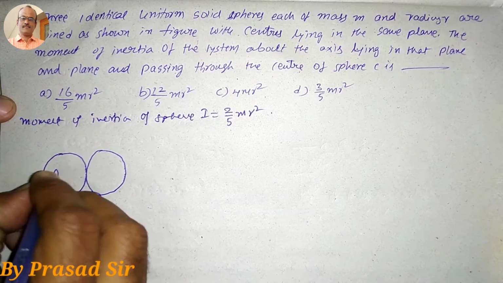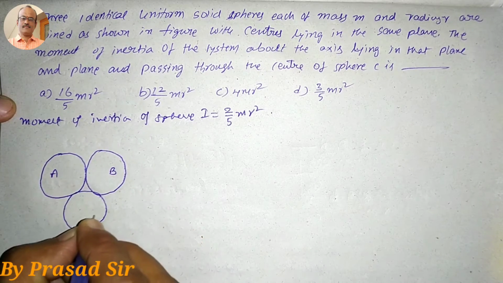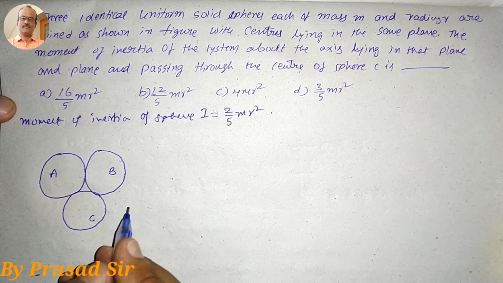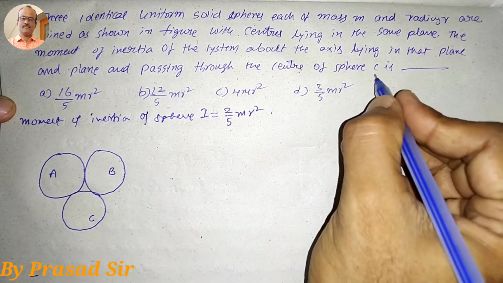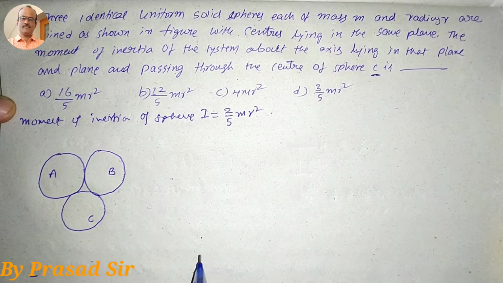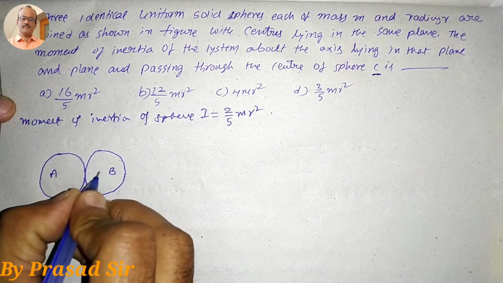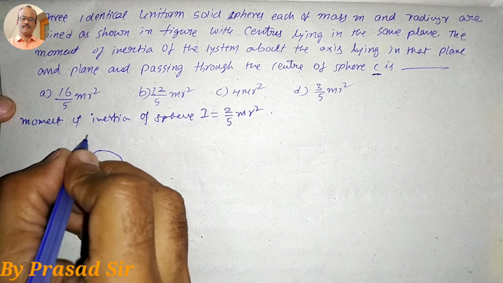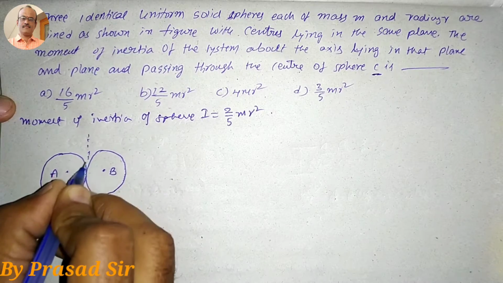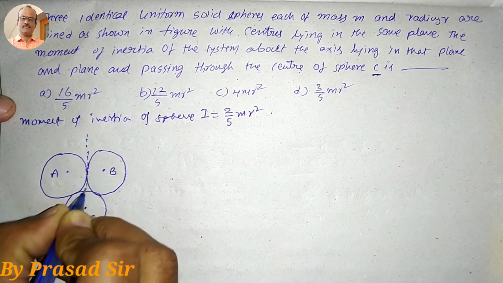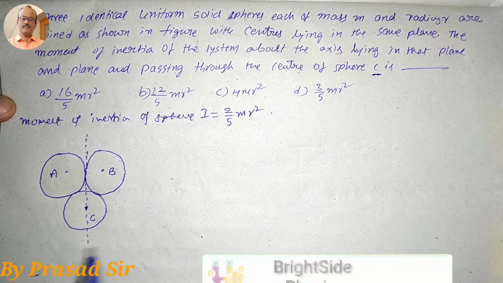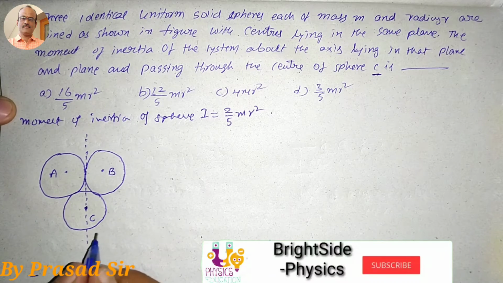So that means A, B and C. Here we want to calculate the moment of inertia of the system about the axis lying in that plane and passing through the center of sphere C. This is the center of C, this is the center of B, and A. So we want to calculate the moment of inertia of this system about the axis passing through the center of C.